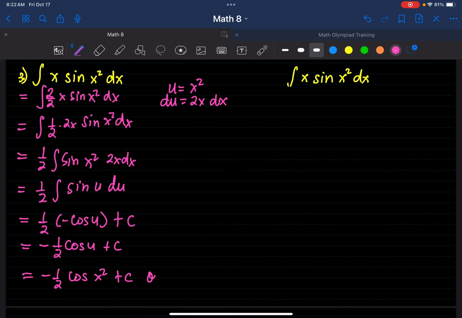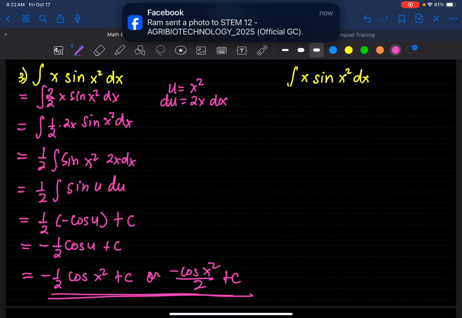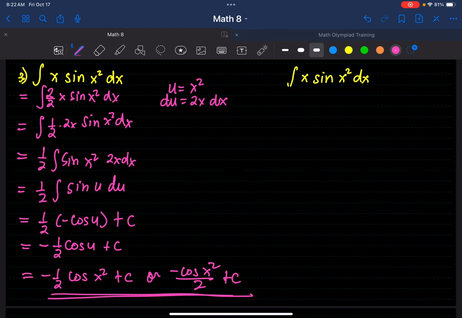Either you can write this as negative cosine x squared over 2 plus c. So this is the final answer. The other way to solve this is by finding dx in terms of du. Since du is equal to 2x dx, divide both sides by 2x.